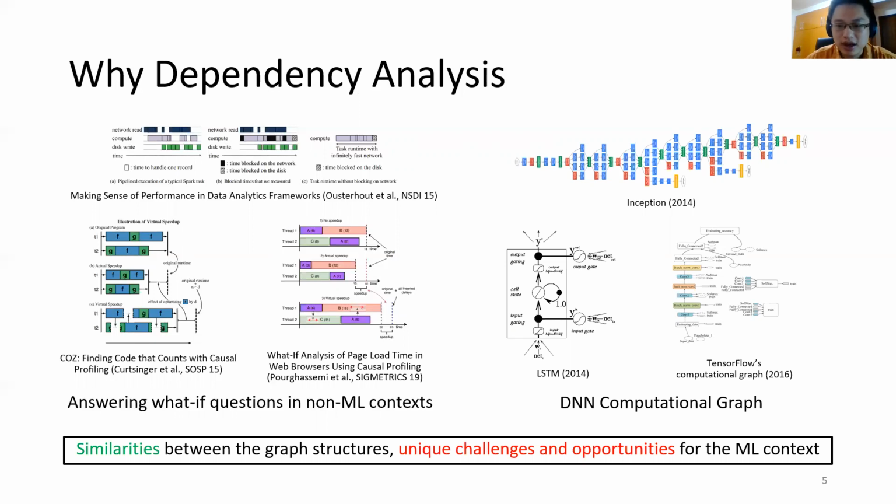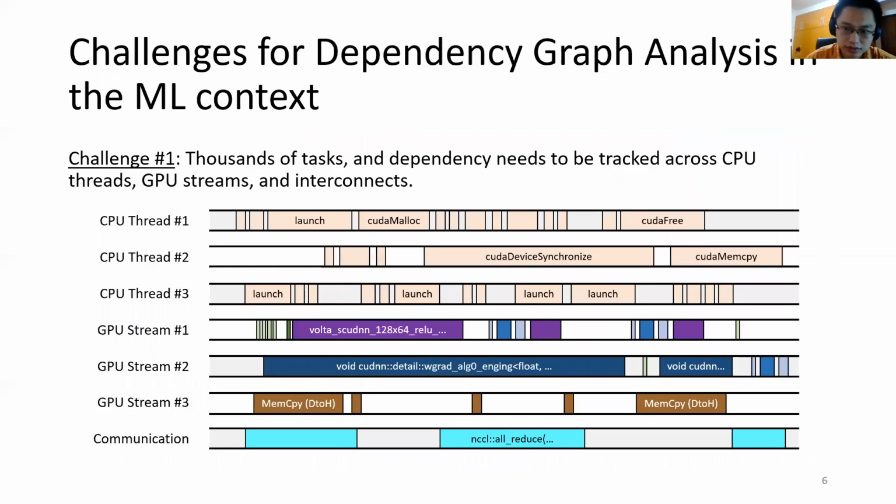However, we identify several unique challenges when using this approach in the machine learning context, and there are also opportunities. The first challenge is that we need to build a graph with nodes at the abstraction of GPU kernels. Here's an example showing what the low-level execution timeline might look like.